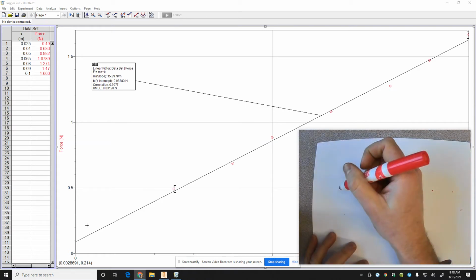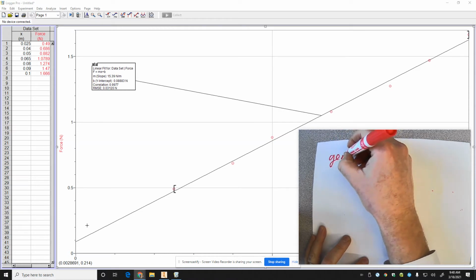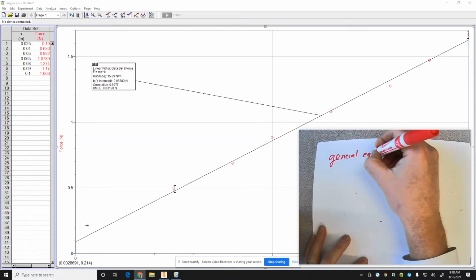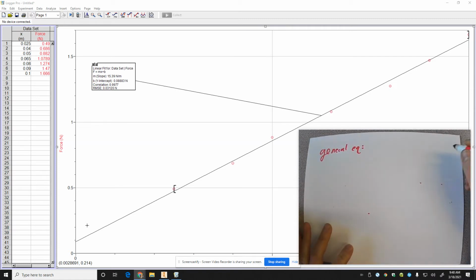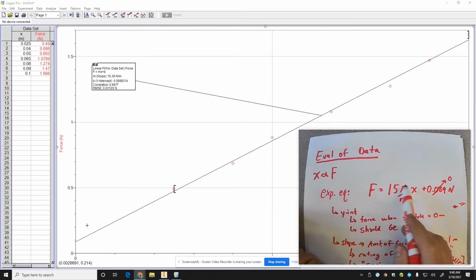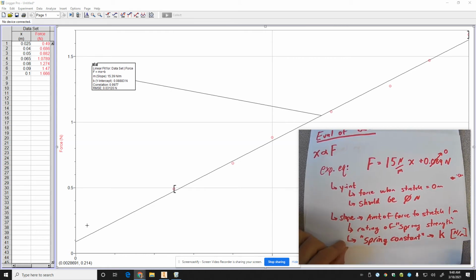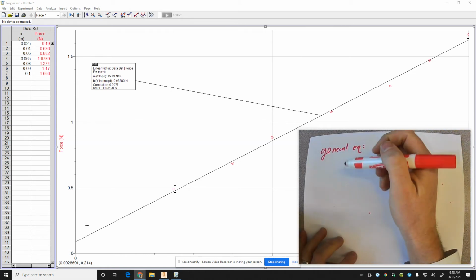Now, the final thing we have to do is talk about the general equation. So remember, the general equation is the equation that ends up going on the reference table, right? We just take our experimental equation and we replace any numbers in it with the variables that we defined them as.